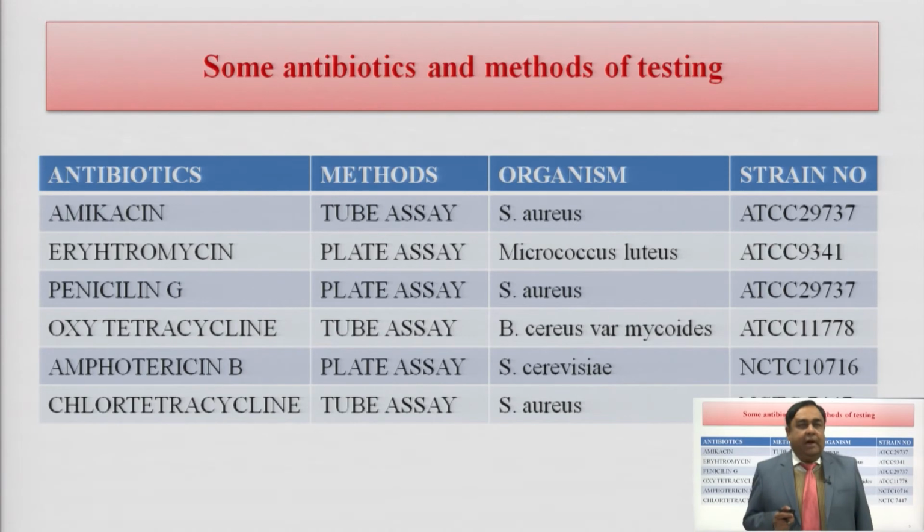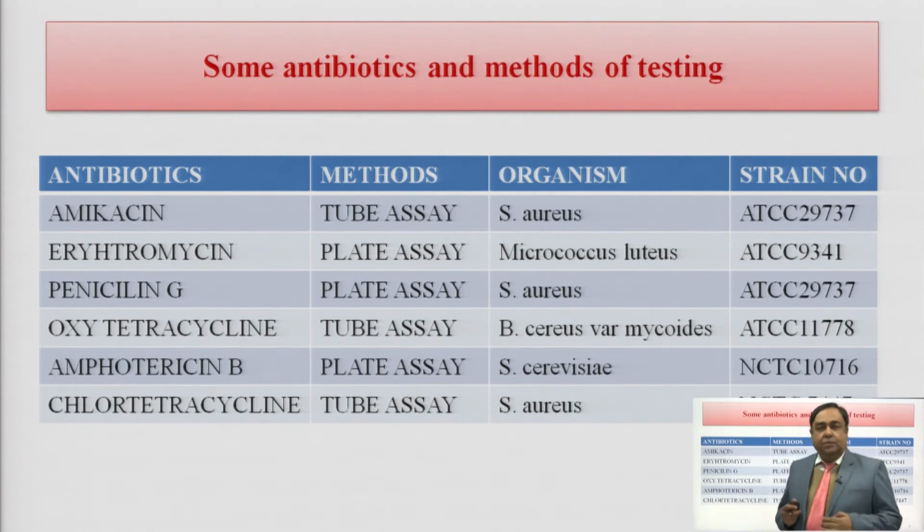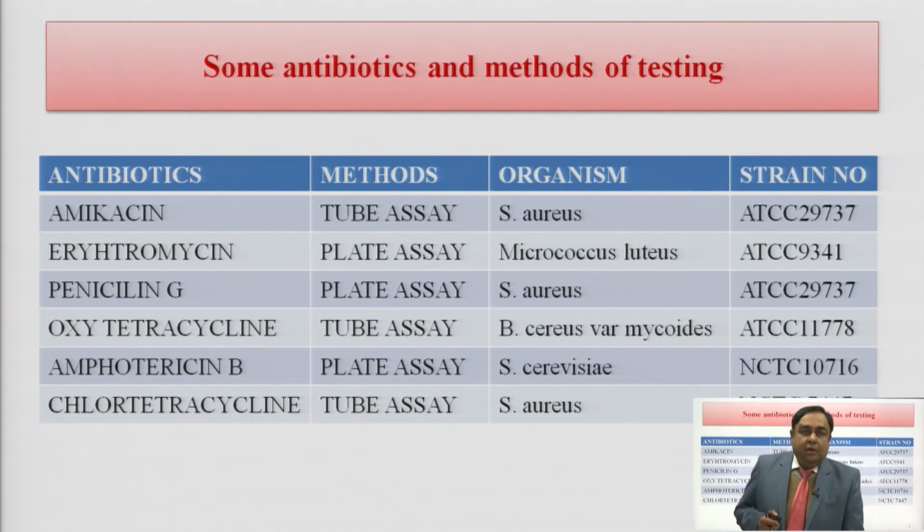Amphotericin B, on the other hand, is measured by couplet method, where the organism recommended by IP is Saccharomyces cerevisiae NCTC 10716, National Collection of Type Culture, NCTC.